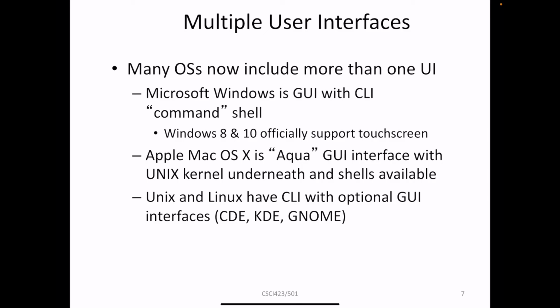For Apple, Mac OS has the Aqua GUI interface with a Unix kernel underneath. We have mentioned that part of the Mac OS kernel is open source. Both GUI and the command line interface are supported by Mac OS.